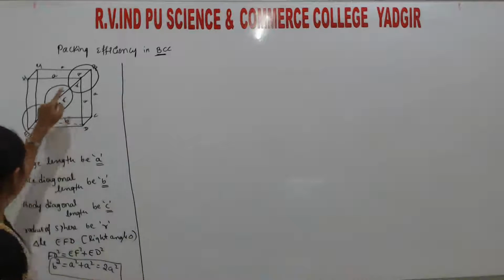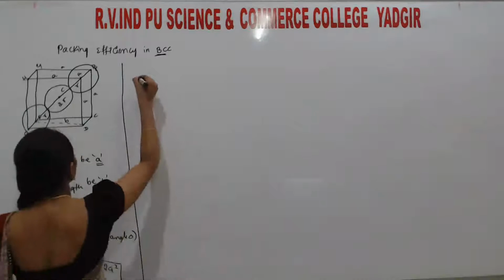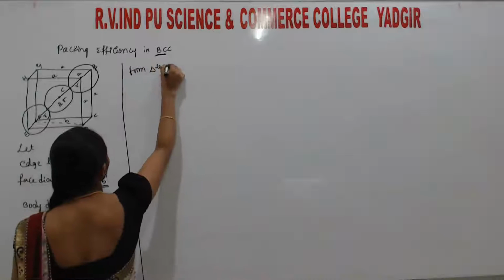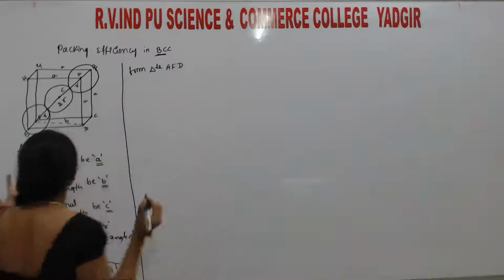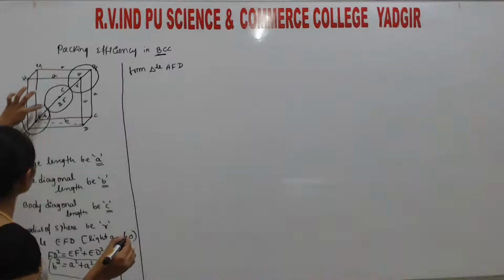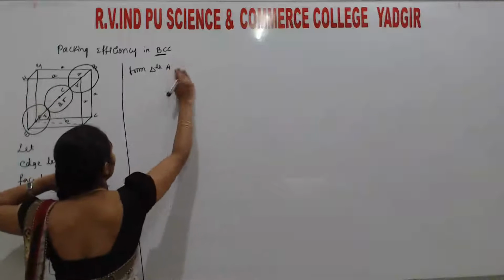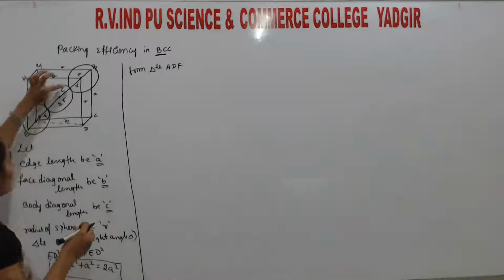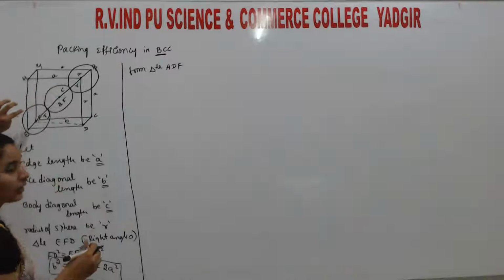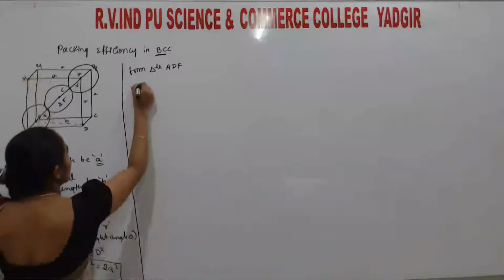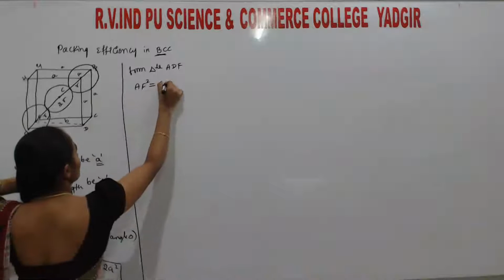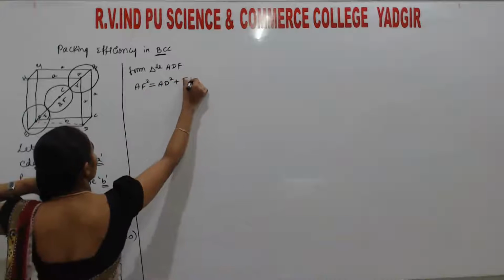Next, we know this. Now we need to consider the triangle AFD, since this is 90 degrees. This is the hypotenuse, the same right angle triangle. That is AF square is equal to AD square plus FD square.